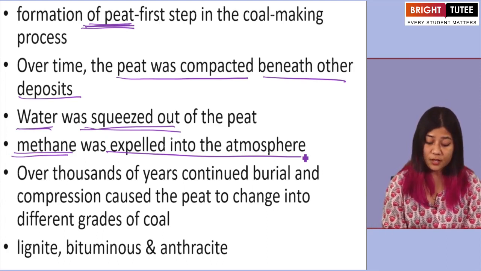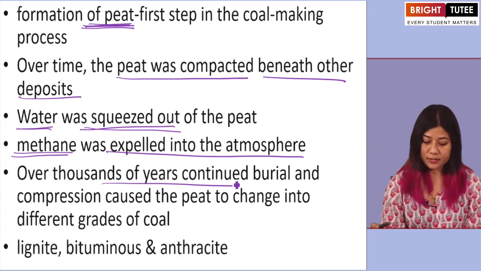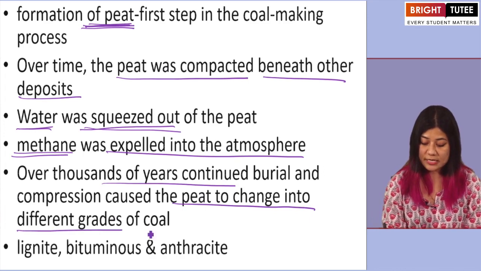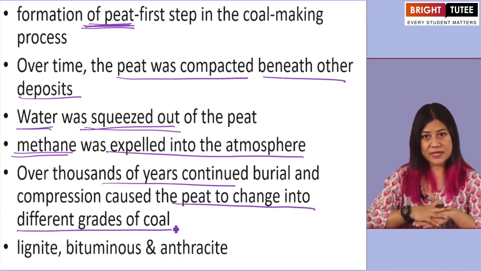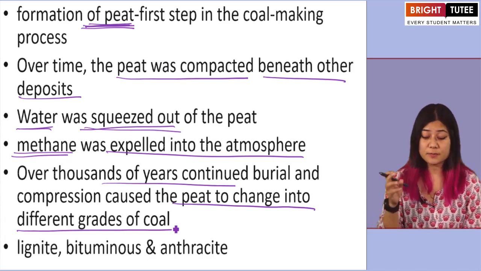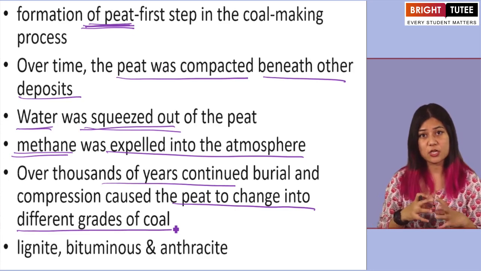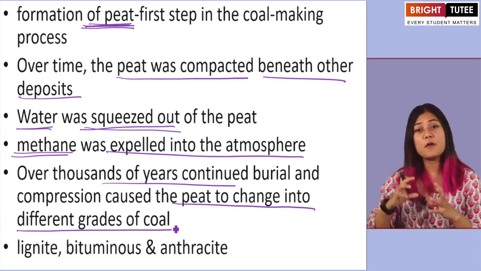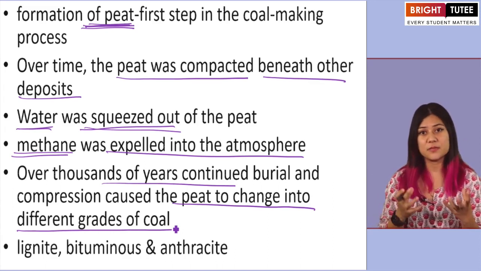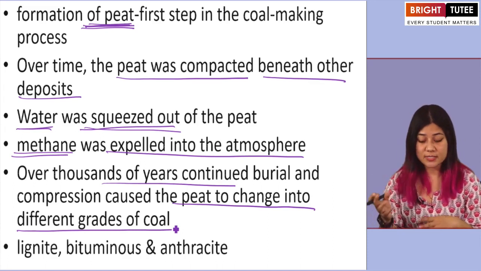Over thousands of years, continued burial and compression cause the peat to change into different grades of coal. This peat gets compressed for thousands, sometimes millions of years, and that changes the peat into different formations of coal. Like we said, they take different forms depending on how long they have been compressed.